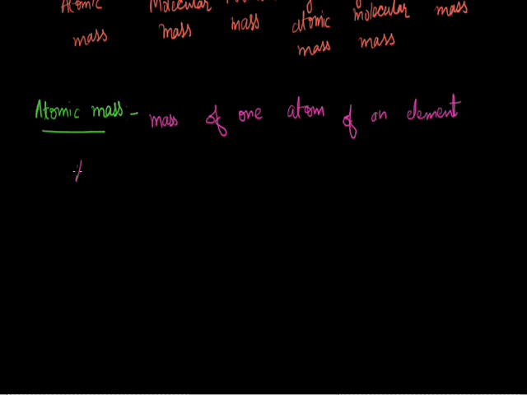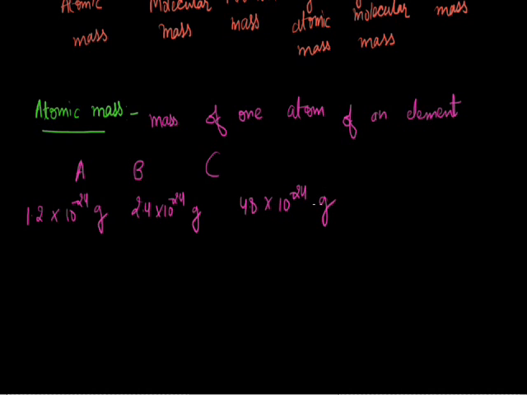Suppose there are three elements A, B and C. The atomic mass of element A is 1.2 into 10 raised to the power minus 24 gram. The atomic mass of element B is 2.4 into 10 raised to the power minus 24 gram. And the atomic mass of element C is 4.8 into 10 raised to the power minus 24 gram.